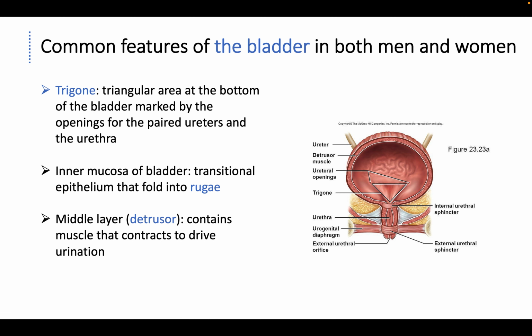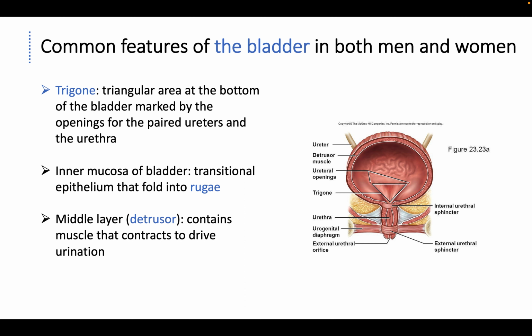The rugae are allowing for additional stretching and distension and expansion of the bladder as you fill it with urine, right? You have this triangular shaped region here known as the trigone of the bladder, and then from this trigone it funnels down into the urethra, and then from the urethra it will pass out of the body, right?